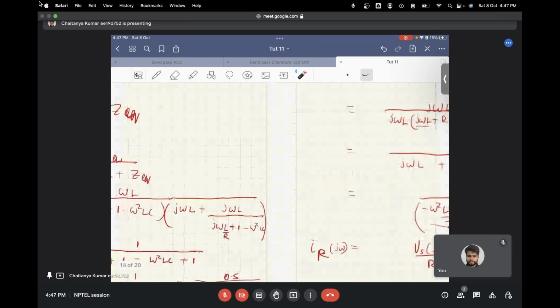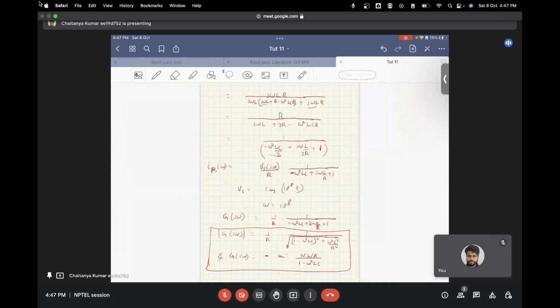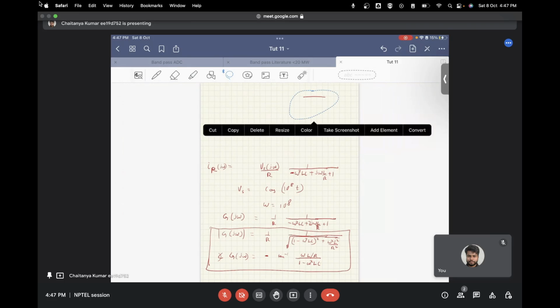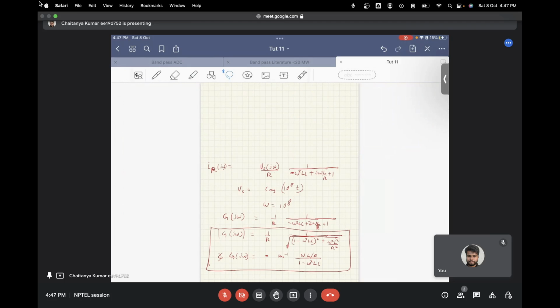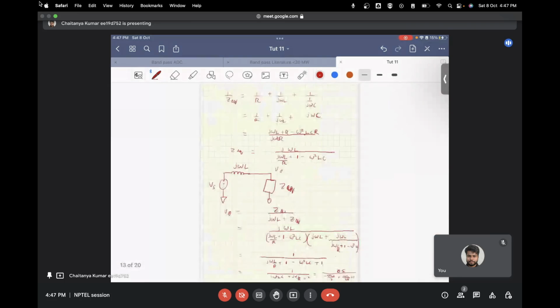So let's remove this part, and if we draw the circuit over here, we have L, R, L and C. And here we have Vs, and this we have called V naught.